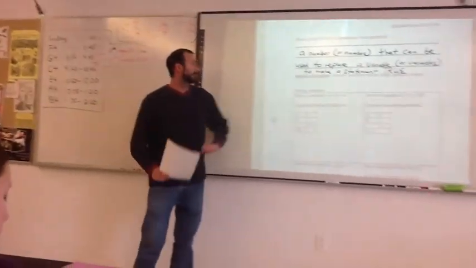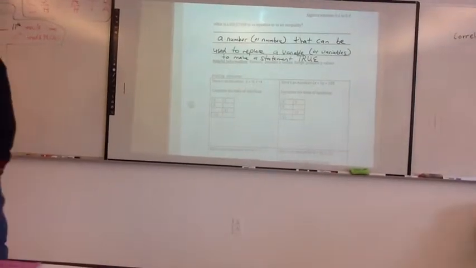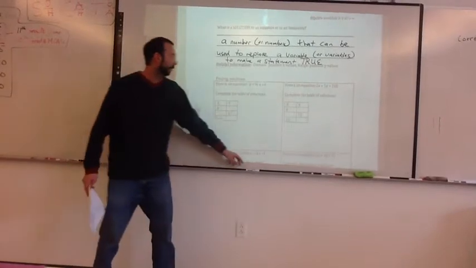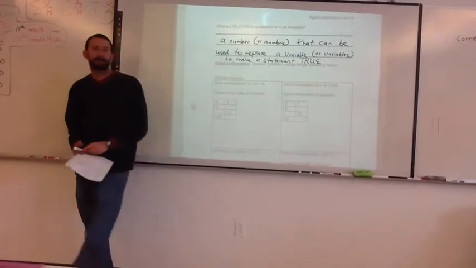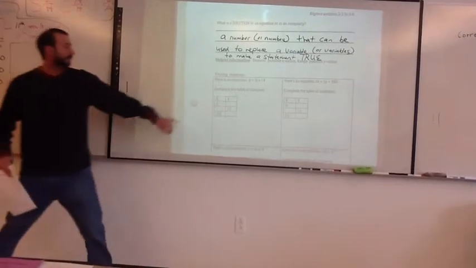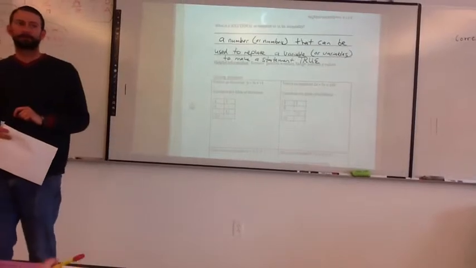So we'll begin with an equation that you ought to be fairly familiar with. We have y equals 1/2 x plus 4. And we want to complete the table to find solutions. So I have given you one value here. I said the x value is going to equal 0.